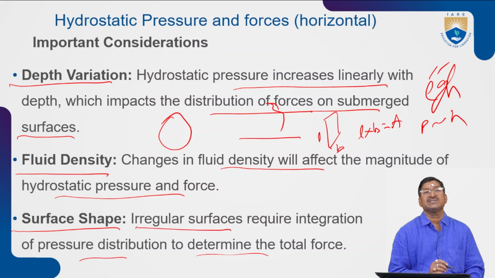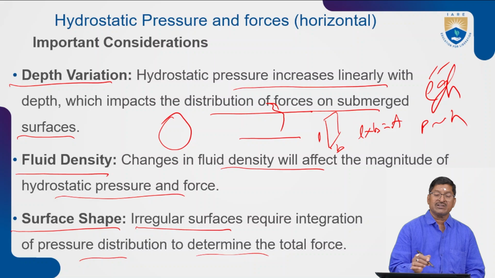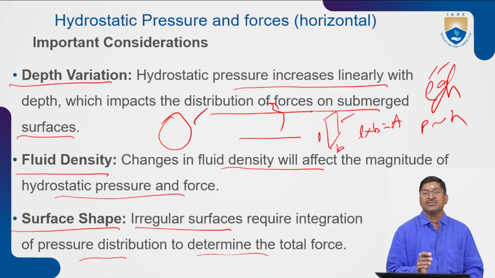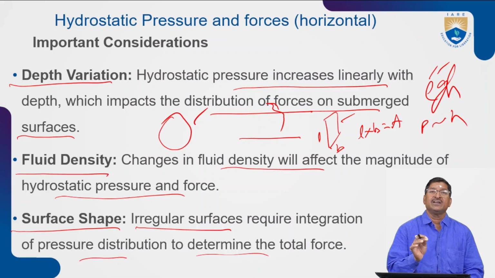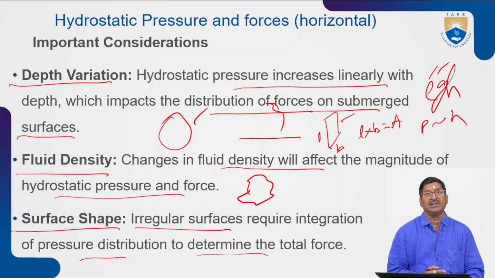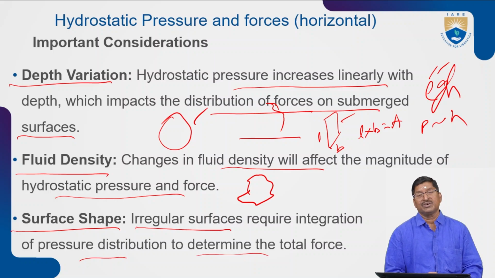If the surface is irregular, not a circular shape and not a rectangular shape, then there will not be any standard formula for that. If it is circular, pi r square is the formula, and if it is a rectangle, length into width is the formula for the surface area. But if the surface is irregular in shape, how will you calculate the area of that particular surface?